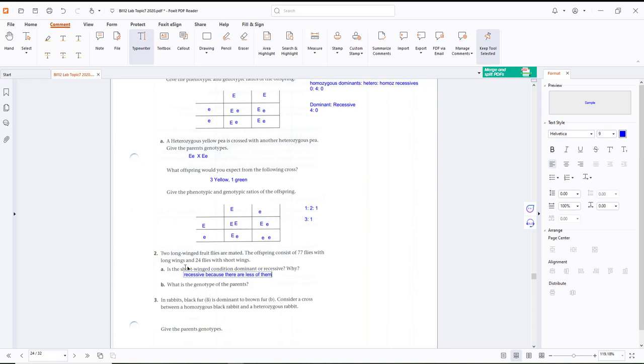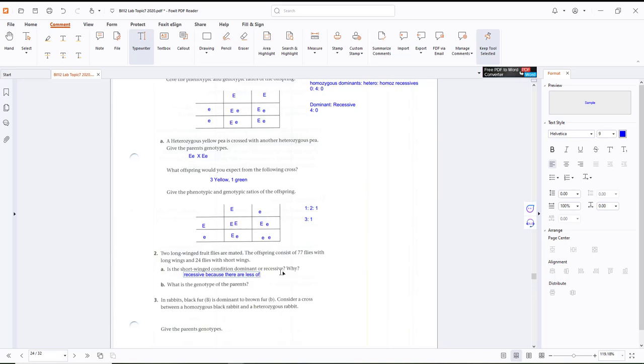So if we have, so there's less of them, and I'm sorry, I read that wrong. Okay, is the short wing condition dominant or recessive?